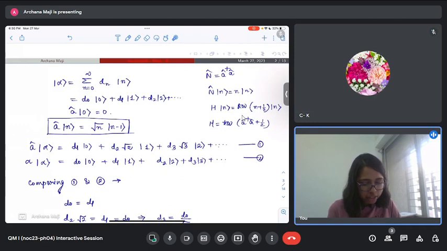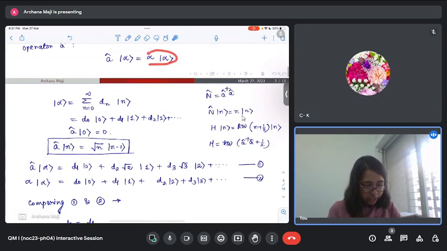When a acts on 0, it gives 0, because that's the ground state. You cannot get any state below the ground state. That's the lowest energy state. So a acting on 0 gives 0, and then d1, a acting on ket 1 will give you ket 0, a acting on ket 2 will give you square root 2 ket 1, and so on.